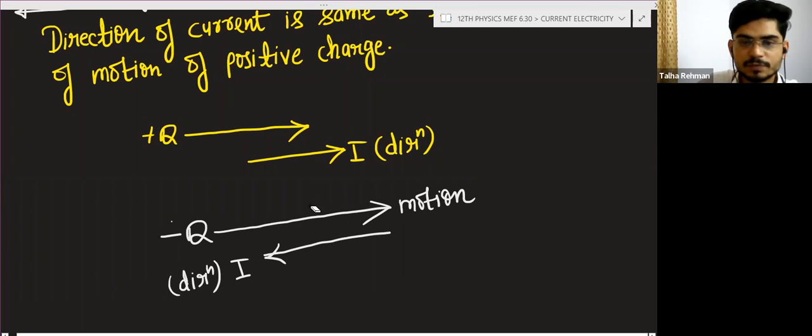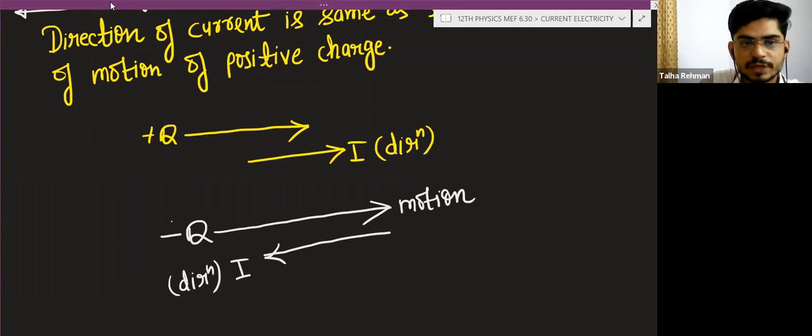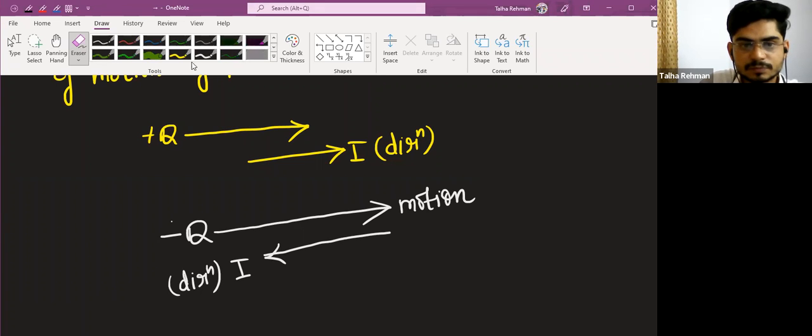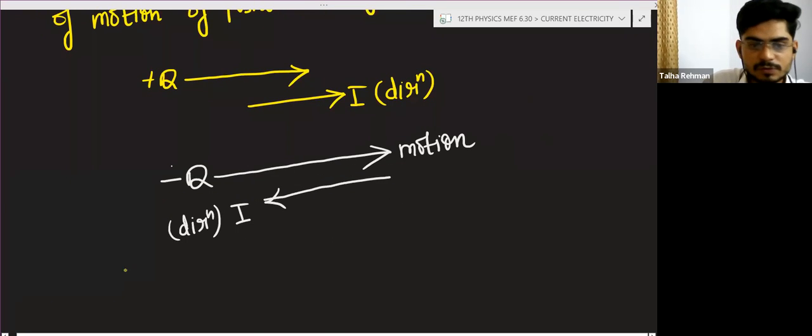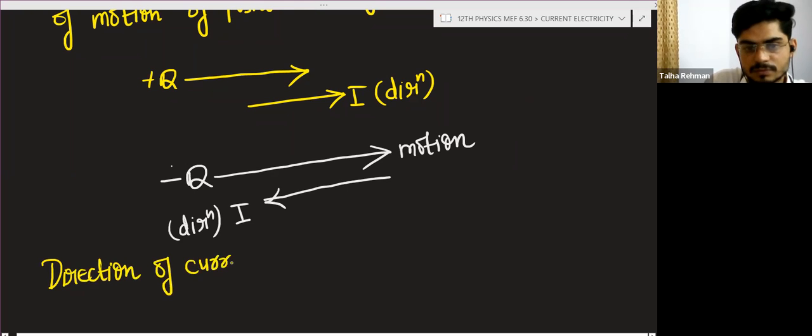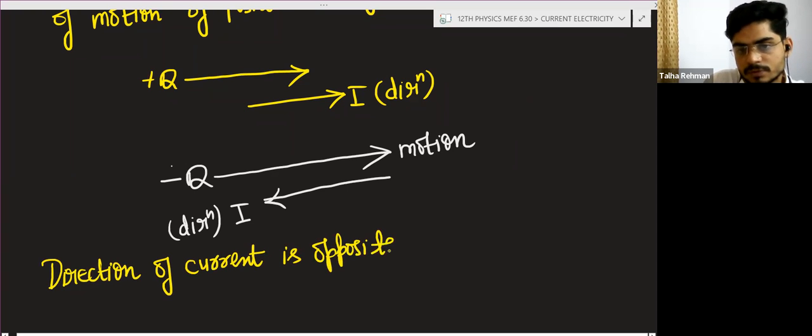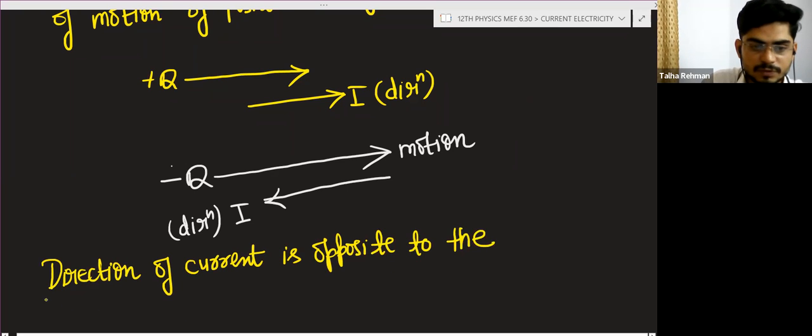You can say the direction of current is opposite to the motion of negative charge.